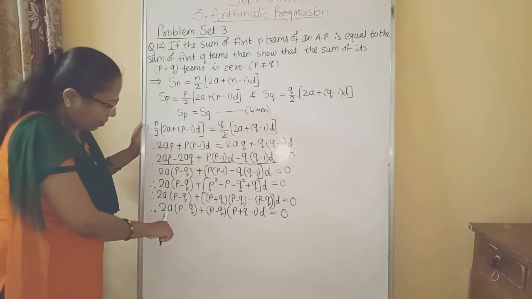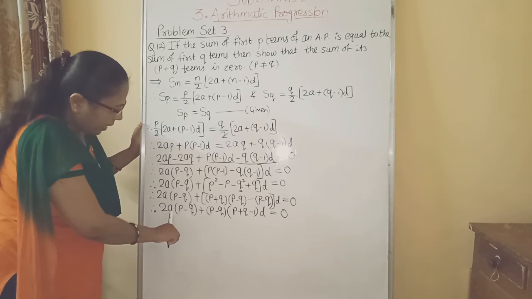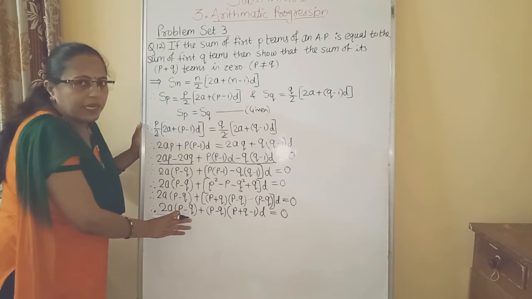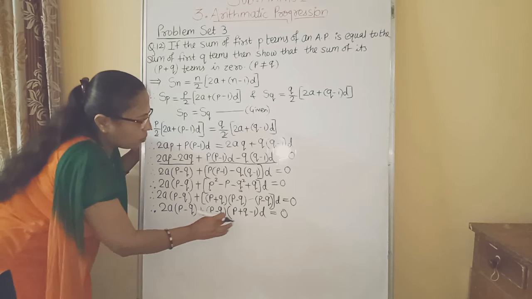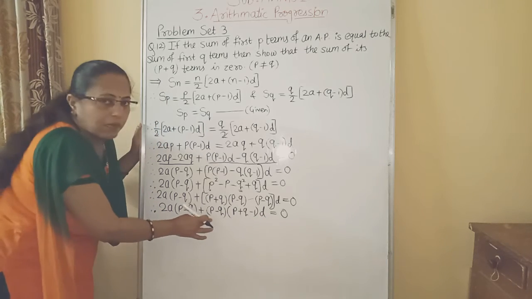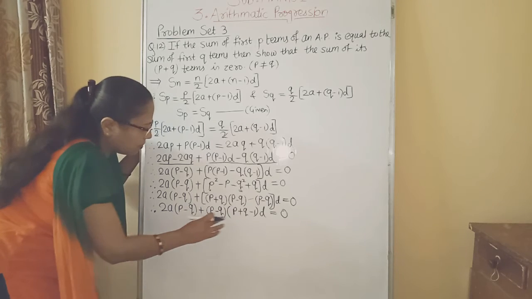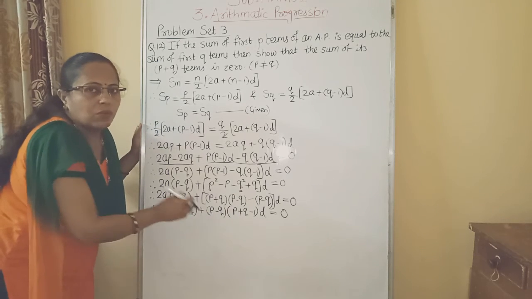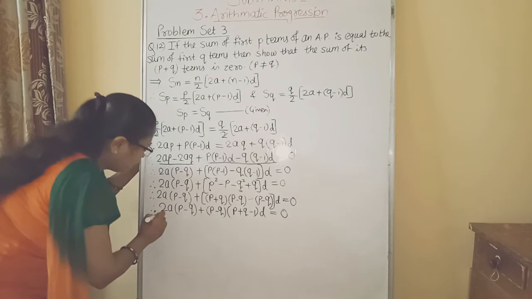Okay. Now again we have two terms here. 2a into p minus q, this is one term. p minus q into p plus q minus 1 into d, this is the second term. So from these two terms we will get p minus q as a common factor.